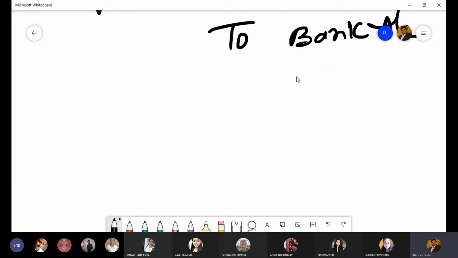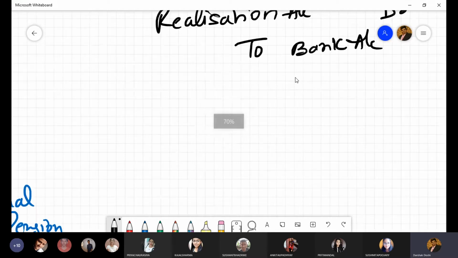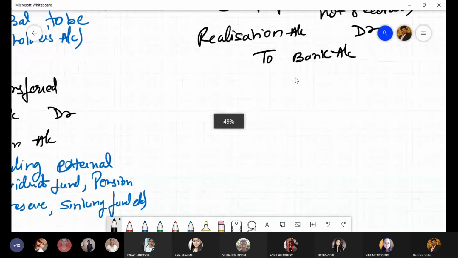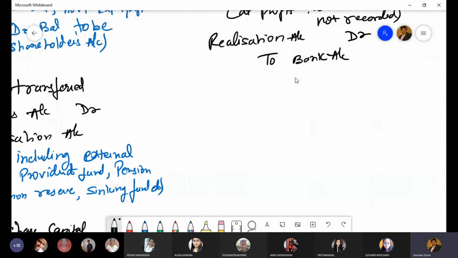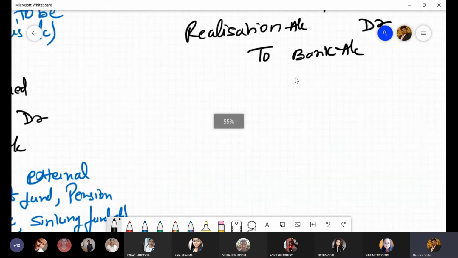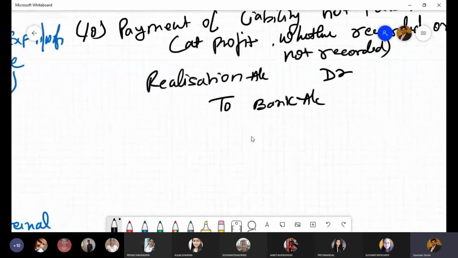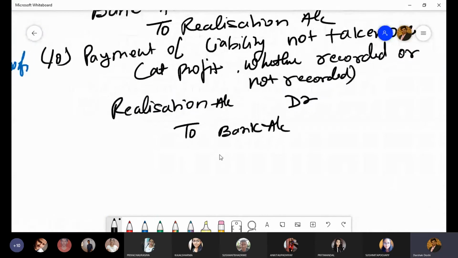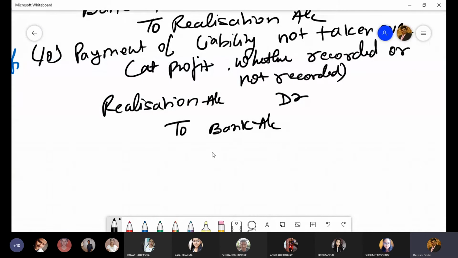We have done up to sale of asset and payment of liabilities. Next, number 11.